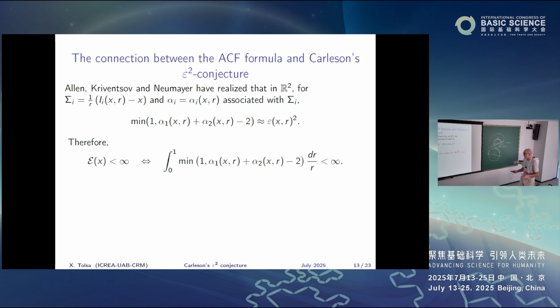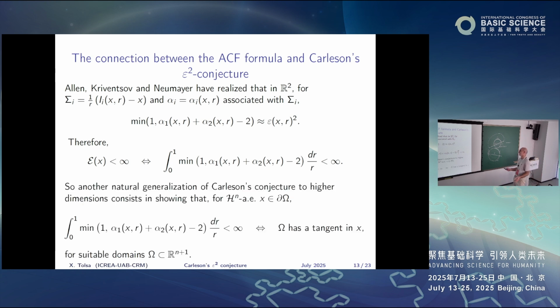So in the plane, saying that the square function of Carleson is finite is equivalent to saying that this quantity is finite. In higher dimensions, a natural generalization of the Carleson conjecture consists in proving that this integral is finite if and only if omega has a tangent at x, for suitable domains, of course, and modulo sets of zero Hausdorff measure in the appropriate dimension. And this is what we will do.